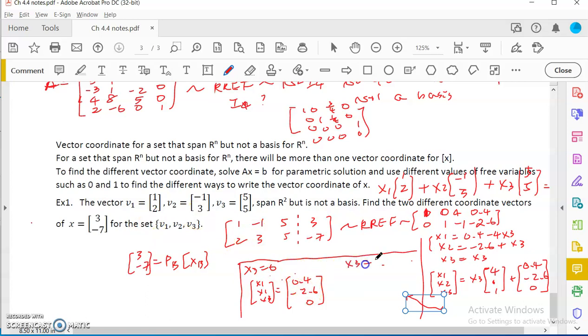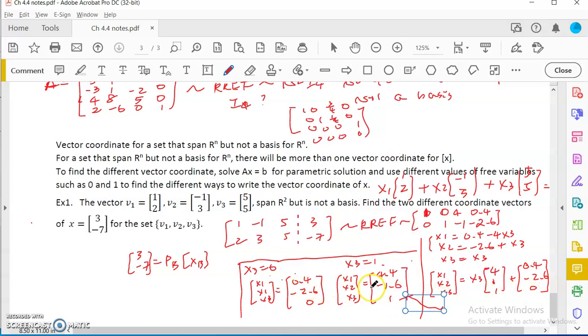When x3 equals 1, x1 is -4 plus 0.4, which is -3.6. Wait, let me recompute: x2 would be 1 plus -2.6, so it's -1.6. And the last is 1 plus 0, so that's a 1.